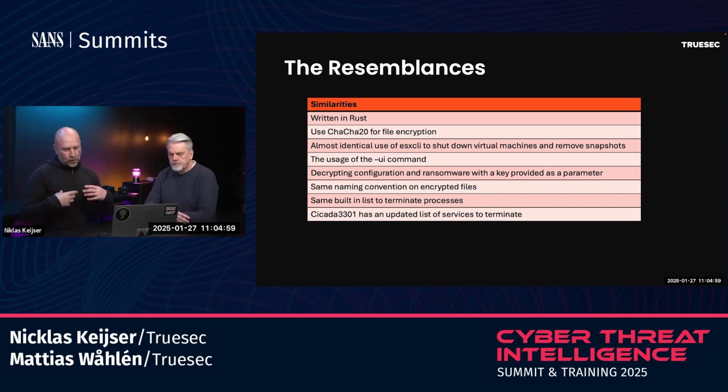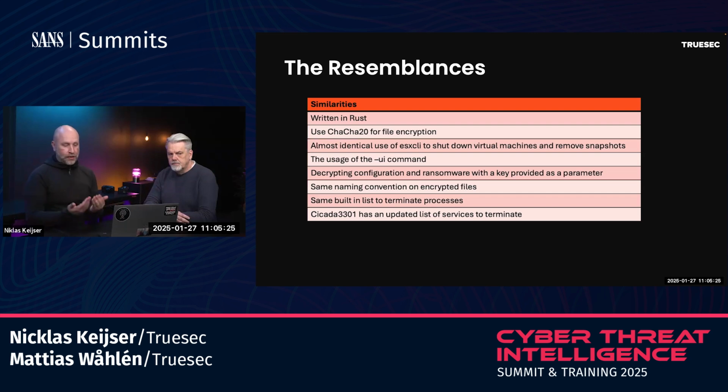Also, because they are cross-compiled, you can find lists of Windows services and processes that it wants to terminate. This is built into the configuration list. If I take the BlackCat one and compare it to this list, there are roughly 50 plus processes and services, and if I put them next to each other, they are identical.